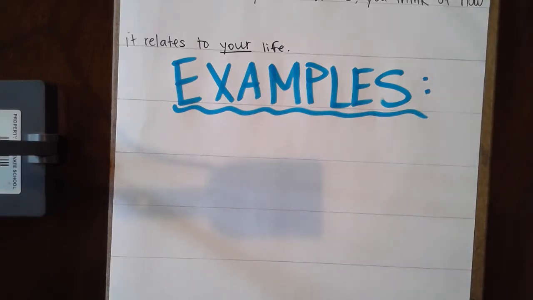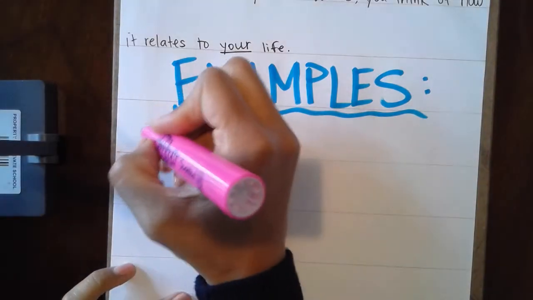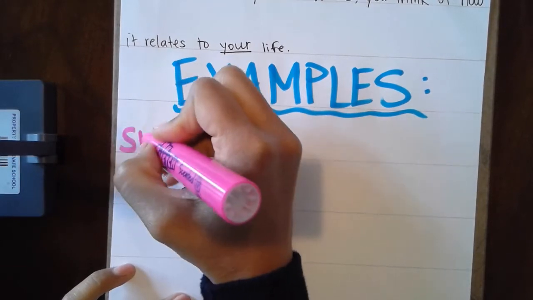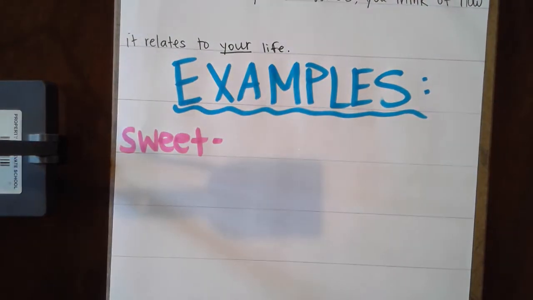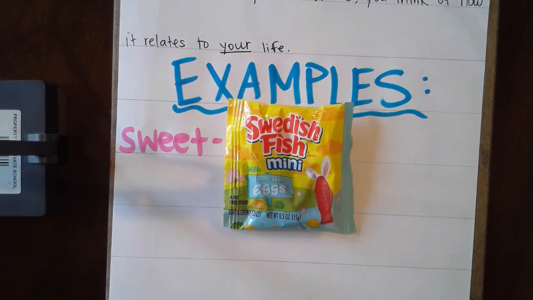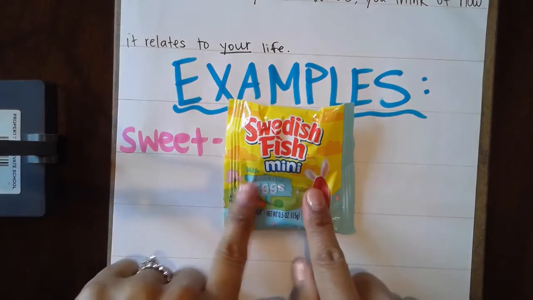Okay, let's begin with our first example. Let's use pink. Sweet is going to be our first example. Think of a time where you have eaten something sweet. What does that remind you of? What type of food? For me, my example for sweet are Swedish fish. Now it's Easter time, so I got these at Target because I like them. They're a sweet treat.